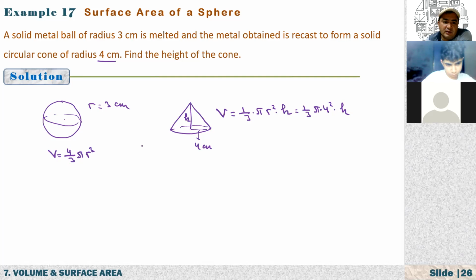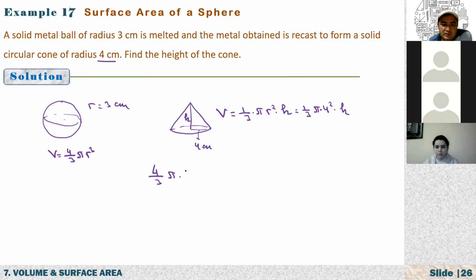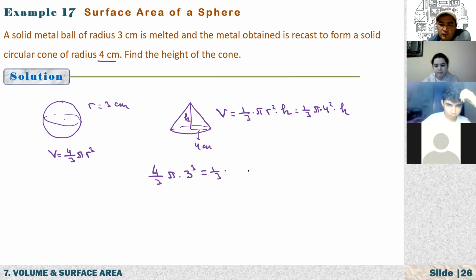That means the volume of the sphere should be equal to the volume of the cone. On the left hand side we have 4 over 3 pi, and the radius of the sphere is 3, so we have 3 cubed. On the right hand side, we have 1 over 3 times pi times 4 squared times h, right?